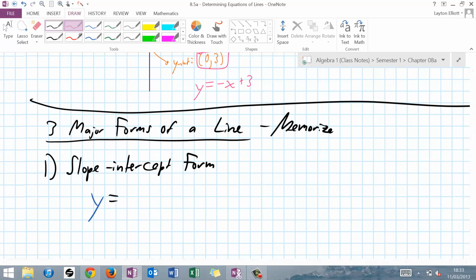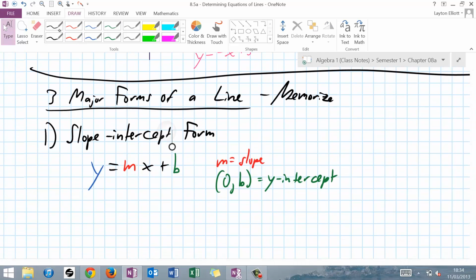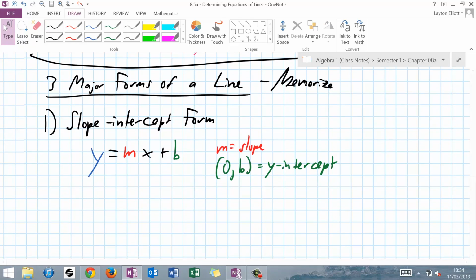So y is equal to slope times an x value plus the y-intercept, where m is equal to the slope, and the ordered pair 0, b is the y-intercept, where it crosses the y-axis. That's slope-intercept form. Really not much more to say about that. You can start with that form if you're given the slope and the y-intercept, but tricky thing, you can't really start with that form if you're not.